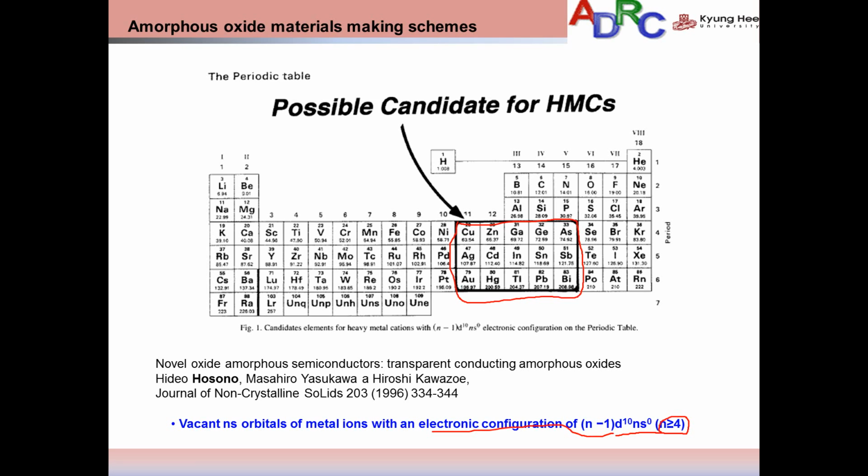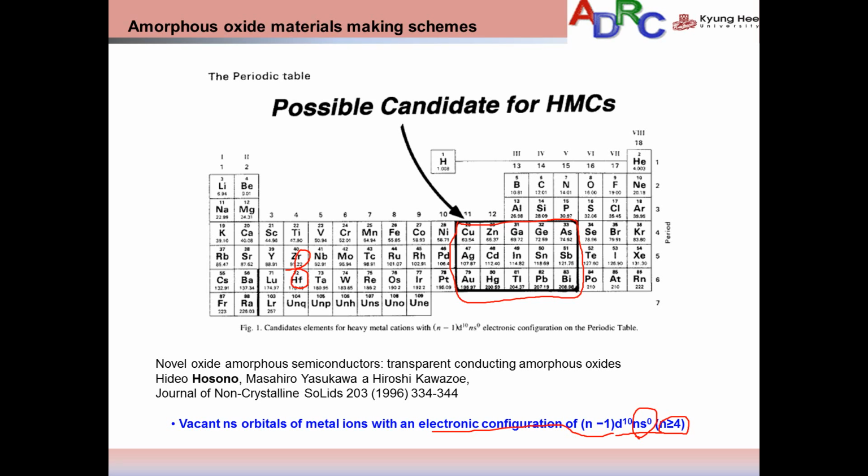And the reason why we use this one is because the overlap of these orbitals is superior or equal to 0.4. This probability gives a good transportation path for the electrons compared to others like zirconium oxide or the oxides based on zirconium or hafnium, where the overlap probability is below 0.4.